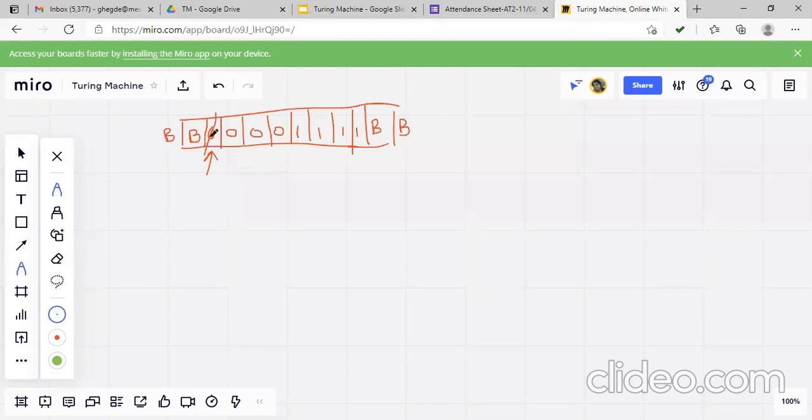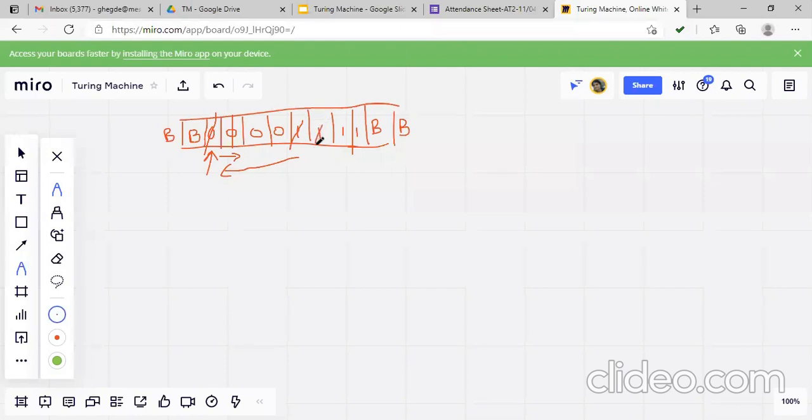Okay, where is the 1 for this 0? So for that what we have to do? We have to move right, right? So we'll just move and check: this is not 1, this is not 1. So this is 1. Okay, we found its equivalent. Fine. So we'll come back again and see. Okay, this is a 0. For this 0 we'll check which is its equivalent 1.